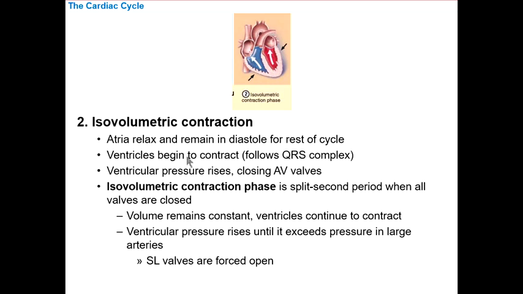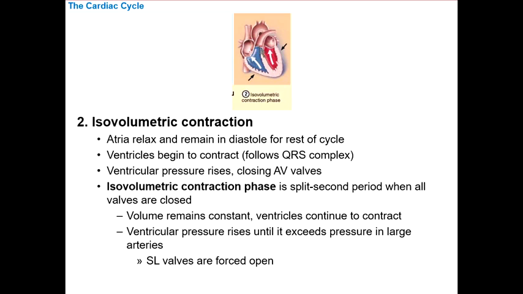So the ventricles are beginning to contract, so we get some pressure exerted on this blood, and this contraction forces these AV valves, the tricuspid valve on the right and the mitral valve on the left, to slam shut. So pressure is building in these ventricles.